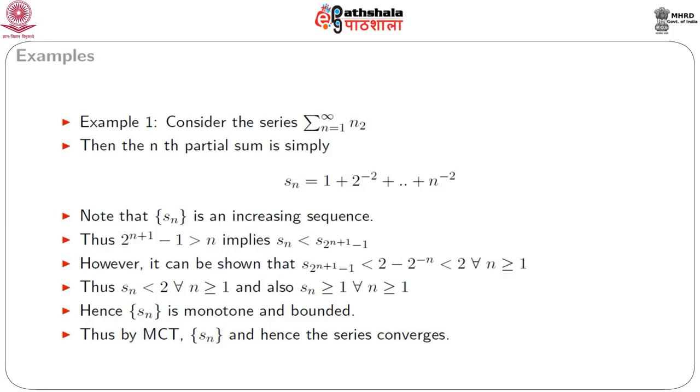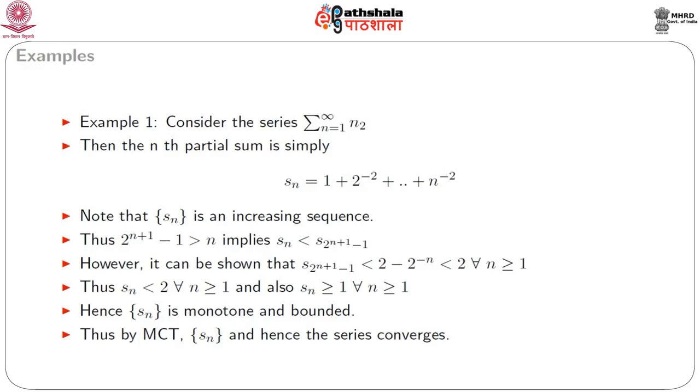However, after a routine algebraic manipulation, it can be shown that S of 2 to the power n plus 1 minus 1 is less than 2 minus 2 to the power minus n, which is less than 2, for every n greater than or equal to 1. Thus, Sn is less than 2 for n greater than or equal to 1, and also by definition Sn is greater than or equal to 1 for every n greater than or equal to 1.